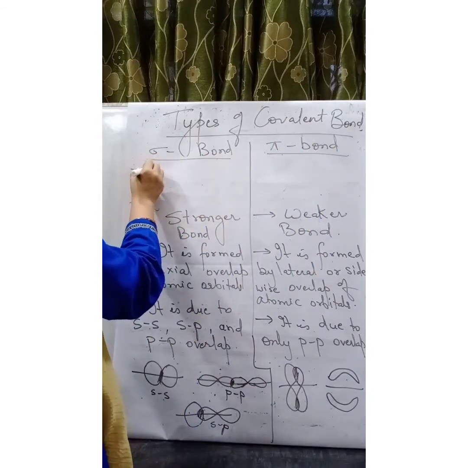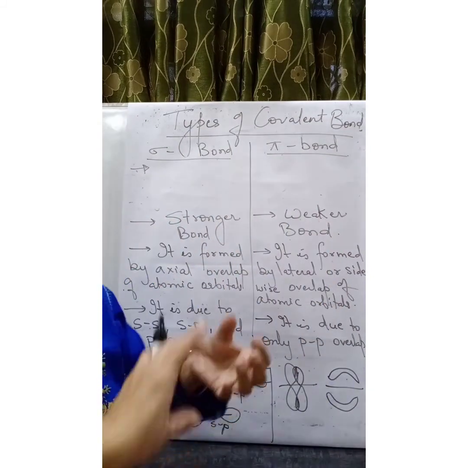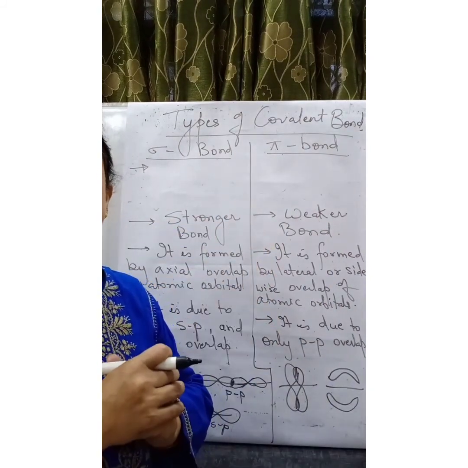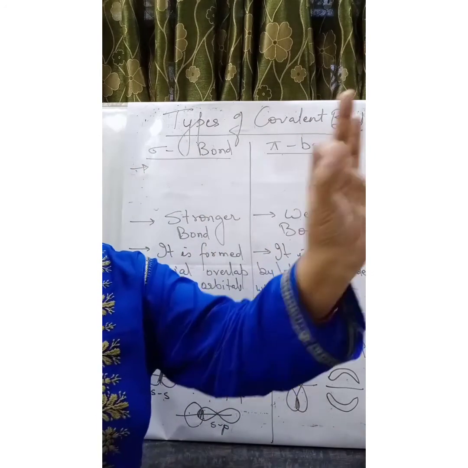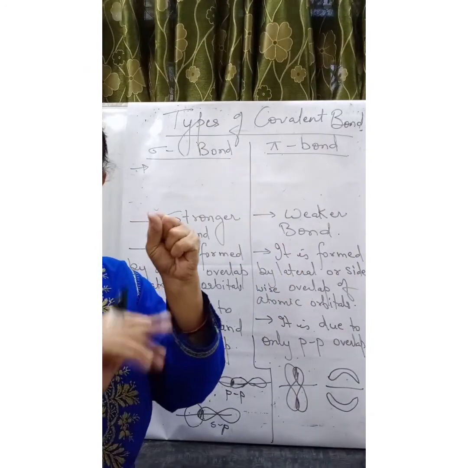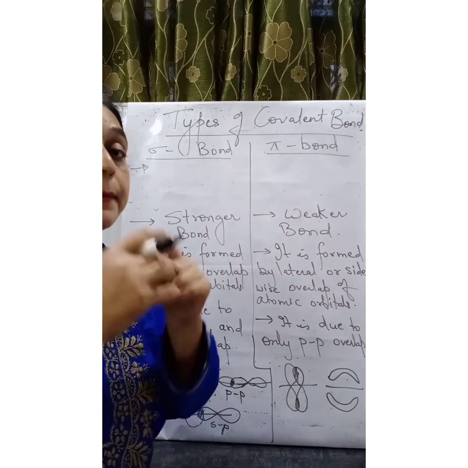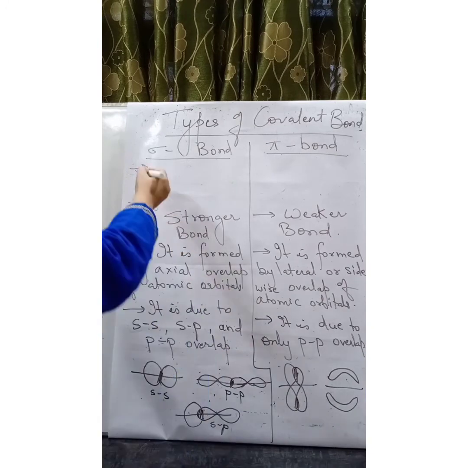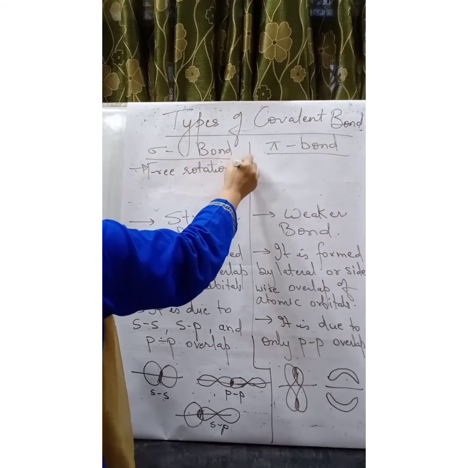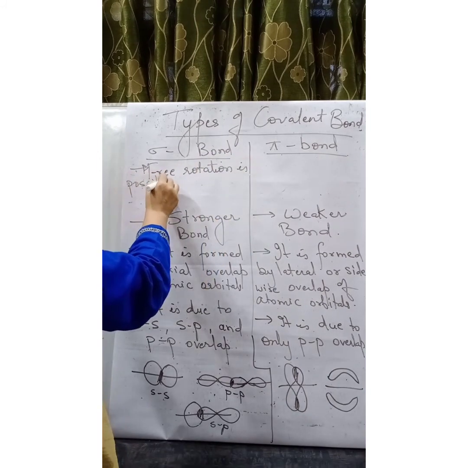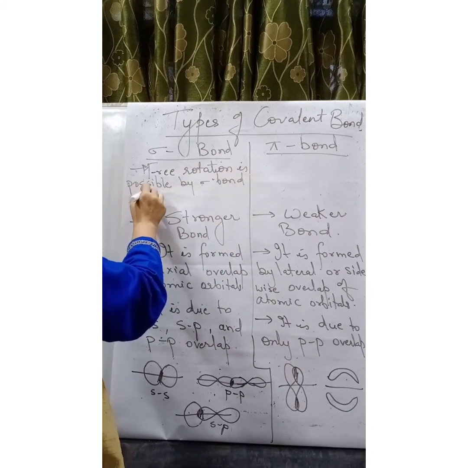Now the next very important thing: a sigma bond is like a hollow cylinder, and free rotation around a sigma bond is possible and it will not break the bond. Just as you have a garden pipe, you hold one side of the pipe and rotate the other end. One point will come where you can't rotate it further, but the pipe doesn't break. So we can say free rotation is possible in a sigma bond without breaking.